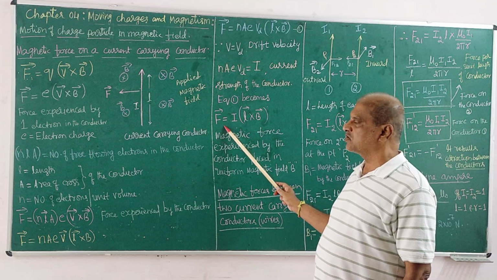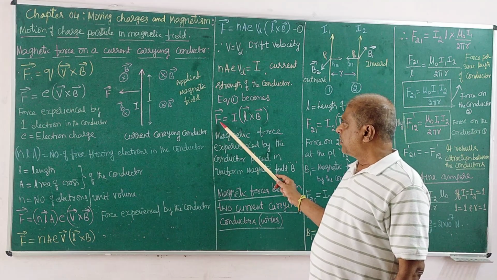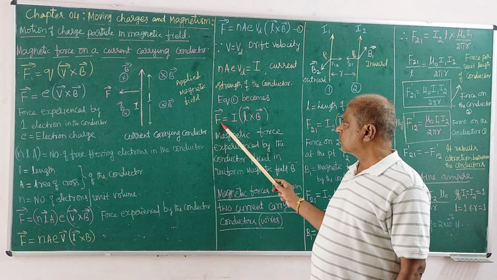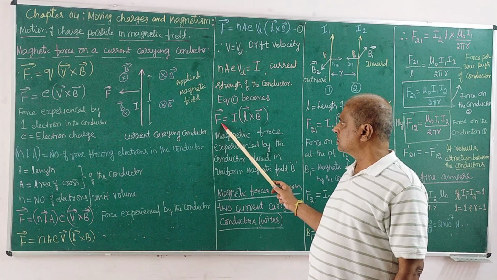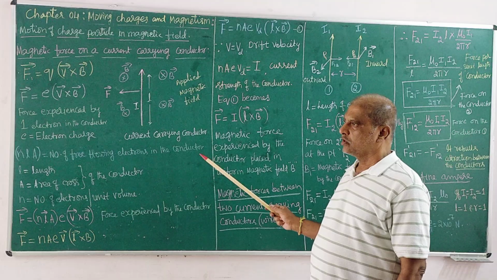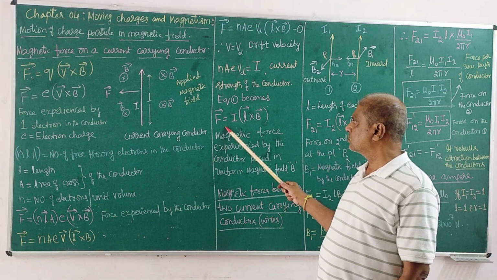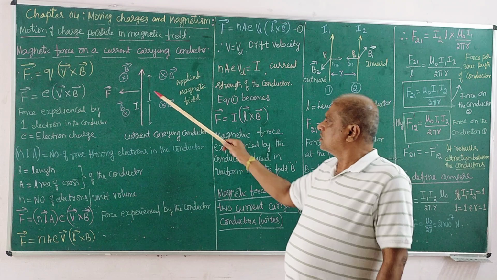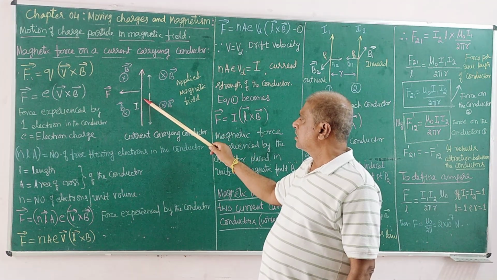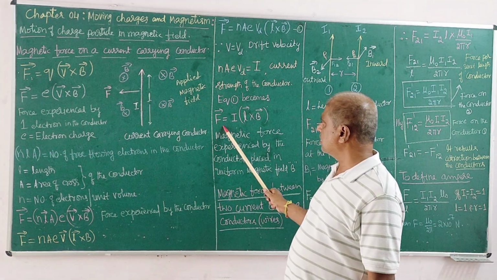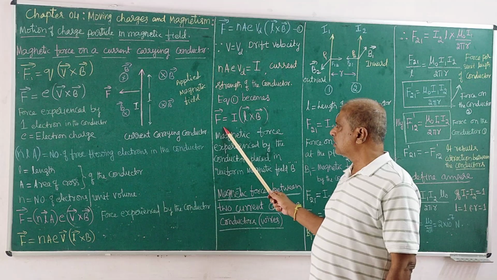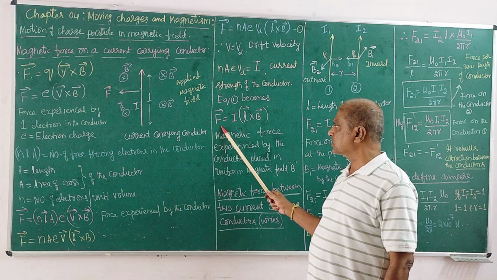F is the magnetic force, also called thrust. The thrust means it is a pulling force acted on this conductor. It is a vector equation. It has both magnitude and direction.